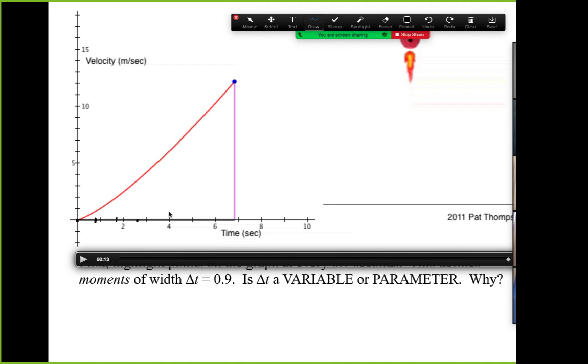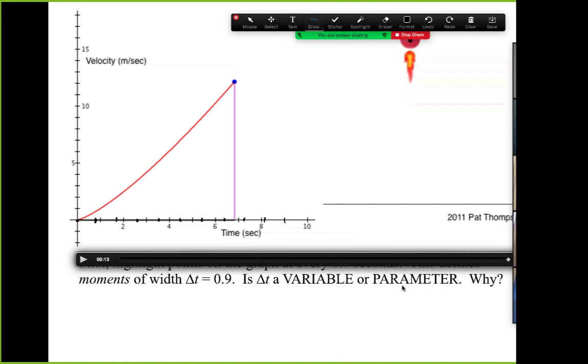Then 3.6. Then 4.5. 5.4. 6.3. Let's keep going. 7.2, 8.1, and 9.